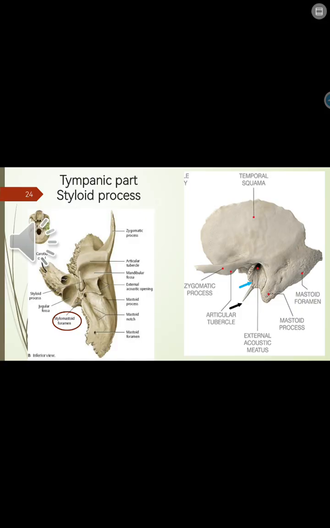I said about it that it is the vaginal process. In these pictures you can see the styloid process easily. It is a simple part of the temporal bone and a place of attachment of different muscles.